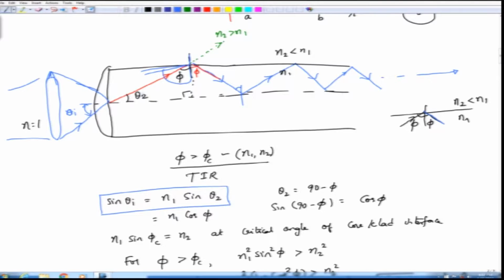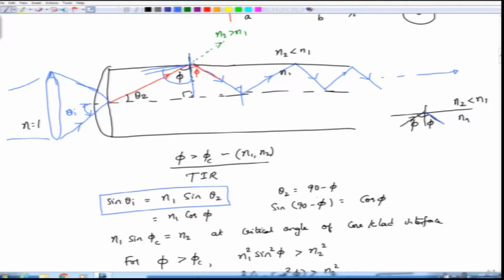However, I can relate theta 2 to phi, because theta 2 is not what I need to calculate the critical angle at the core cladding interface. What I need is phi, and I know that theta 2 and phi can be related, because if I complete this right angle triangle, phi is given by 90 minus theta 2, or theta 2 is given by 90 minus phi.